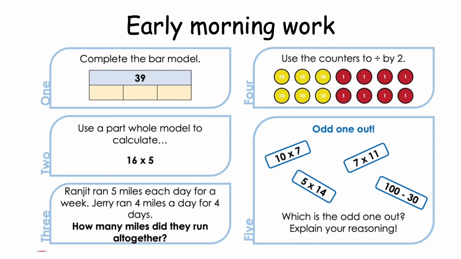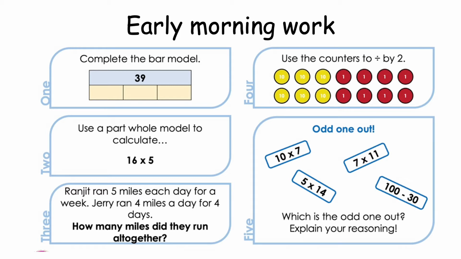Number 4, use the counters to divide by 2. Now I worked out there was 68 there, and I divided them by 2, and I got the answer 34. Number 5, odd one out. So I did all the calculations for each of those number sentences in the boxes.